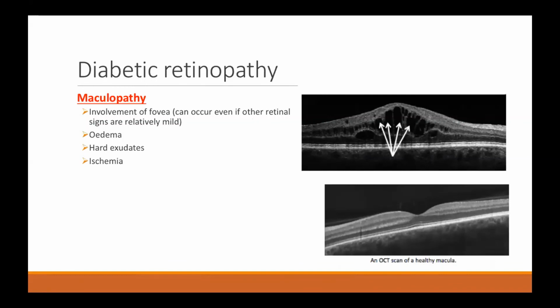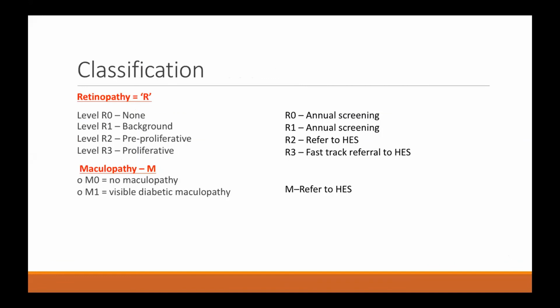Edema is difficult to spot with an ophthalmoscope, but probably a bit easier to see with a Volk, so indirectly. Maculopathy is due to the breakdown of the blood-retina barrier, resulting in leakage of blood products such as fluid. So you get any of the following signs in or around the macula: edema, hard exudates, or ischemia.